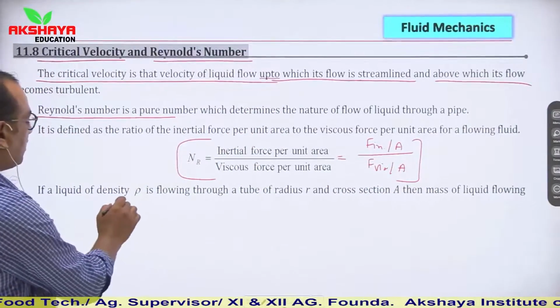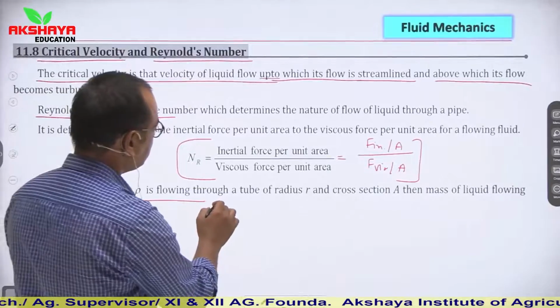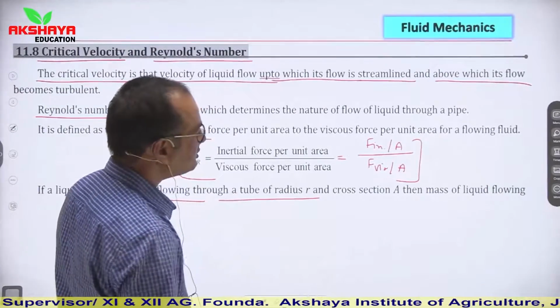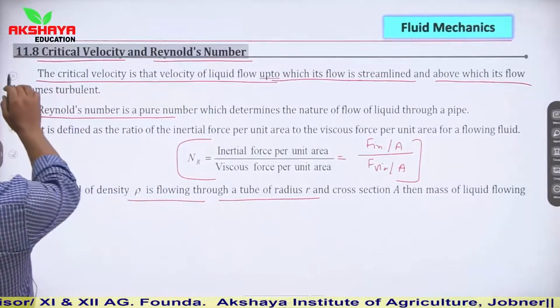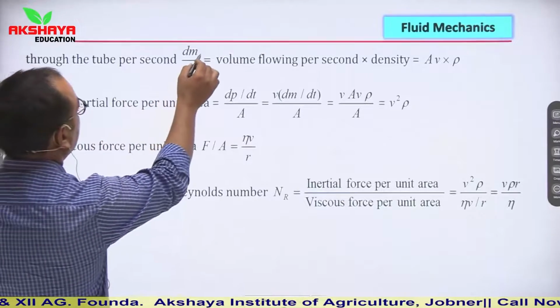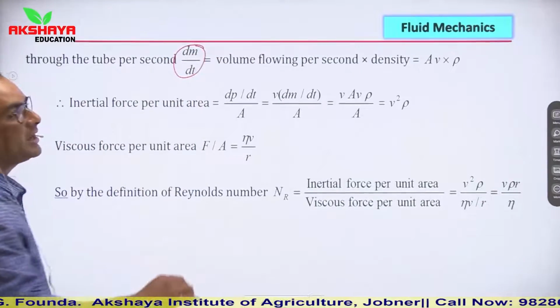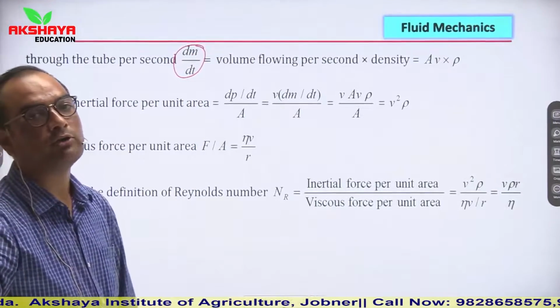If a liquid of density rho is flowing through a tube of radius r and cross section A, then the mass of liquid flowing is dm upon dt, mass flowing in unit time.